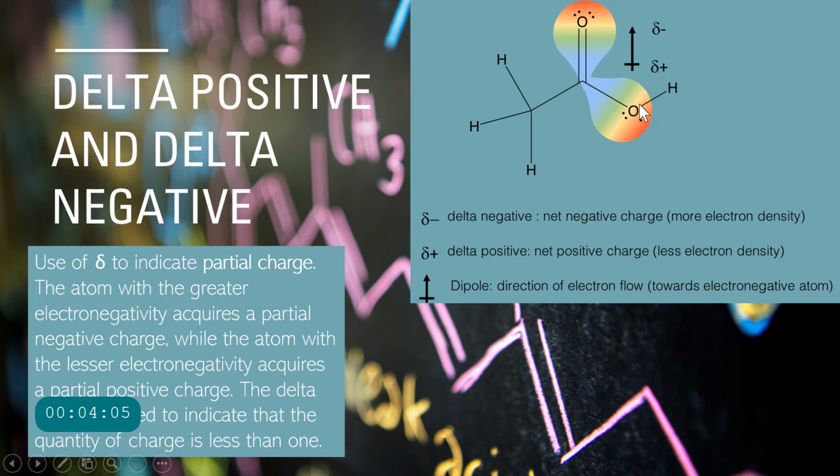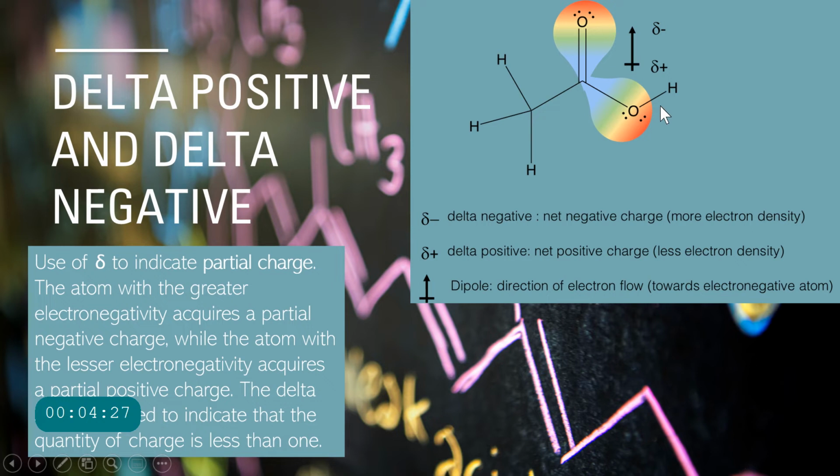The electron is going to be pulled towards the more negative side, and that creates a dipole moment. And when you see this arrow here with the line, it symbolizes the direction of where the electrons are flowing, and it will always flow towards the more electronegative atom. In this case, because hydrogen is here, it's going to flow towards that oxygen.